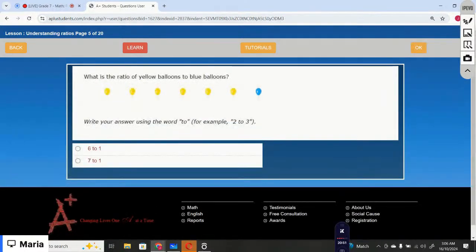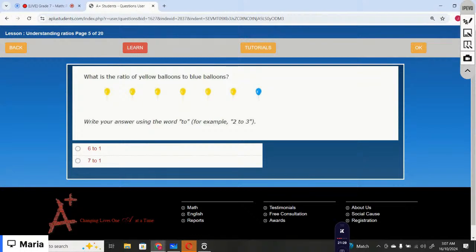What is the ratio of the yellow balloons to blue balloons? So which is the correct option? Yellow balloons to blue, you have 6 to 1.